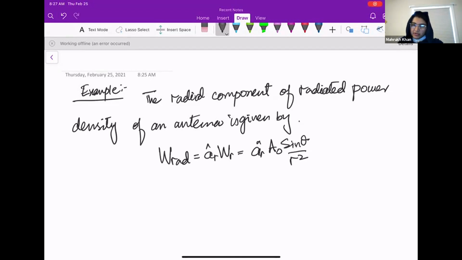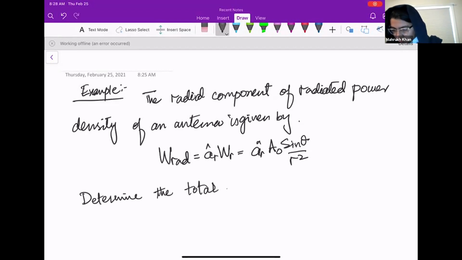It has the unit vector r and some value, and we want to find the total radiated power.